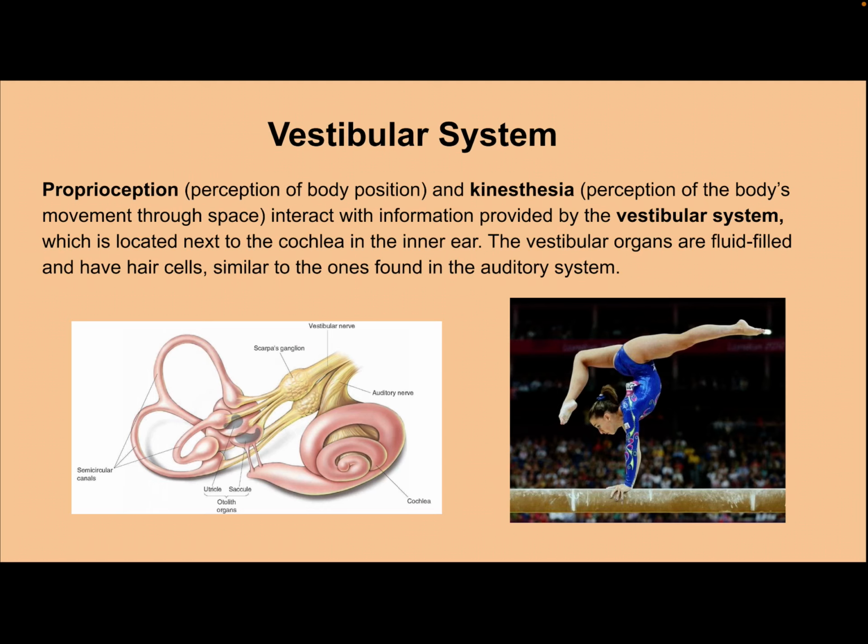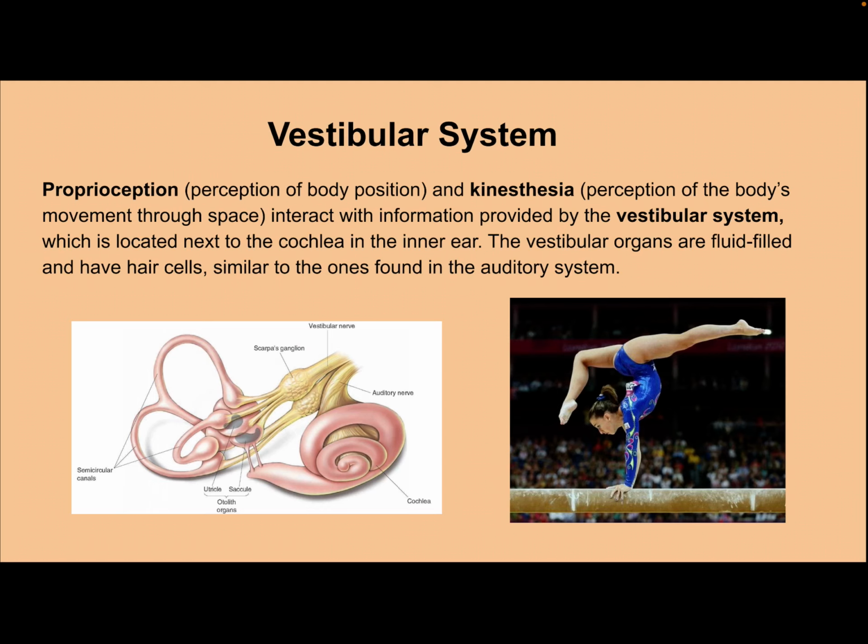All right, moving on to our vestibular system. Proprioception is the perception of our body position, how we're positioned and where we are. And kinesthesia is the perception of our body's movement. So proprioception is where we are, and kinesthesia is our moving. And both of these perceptions interact with the information that's provided to us by our vestibular system.